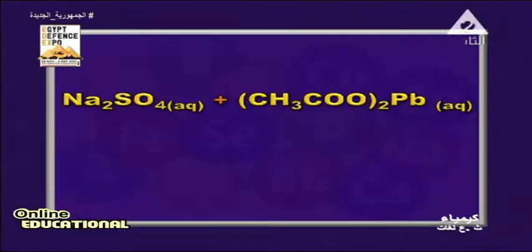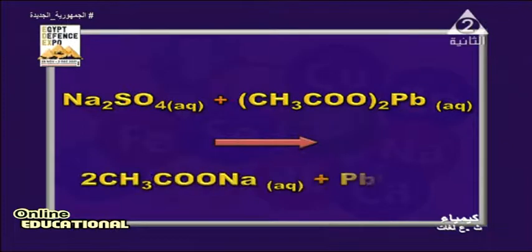The equation of the reaction: sodium sulfate plus lead acetate, as shown on the screen. What happens here? They give sodium acetate and lead sulfate. My dear students, in your syllabus, sulfate precipitates are white, sulfide precipitates are black, so you have to know this information.